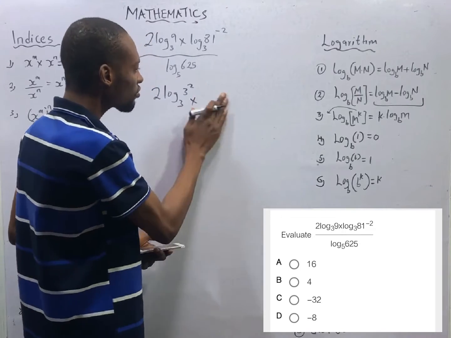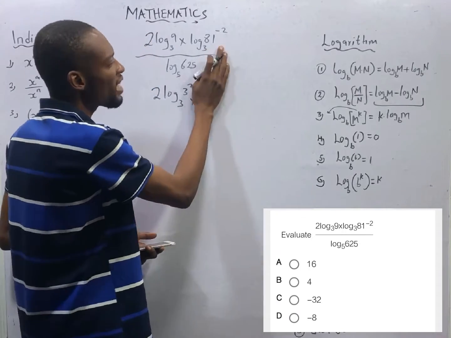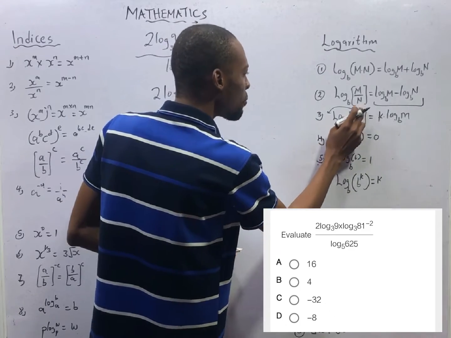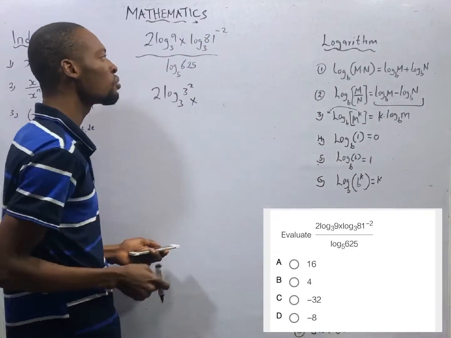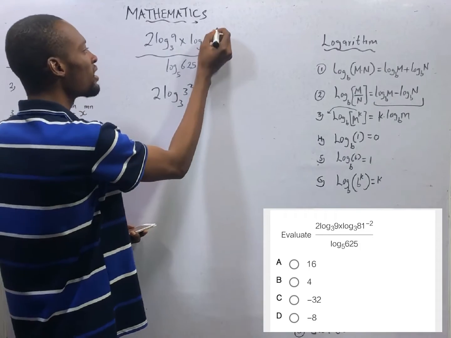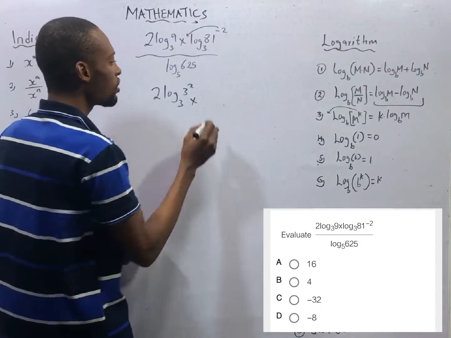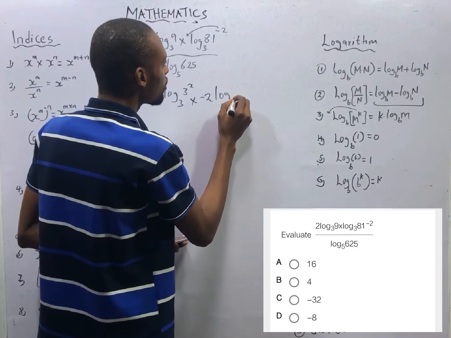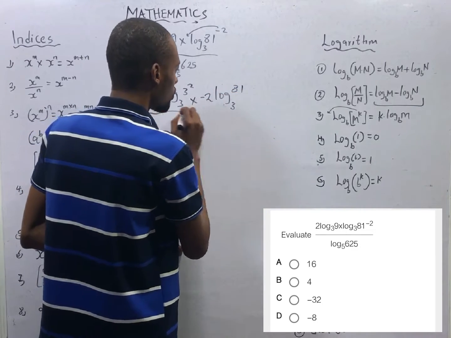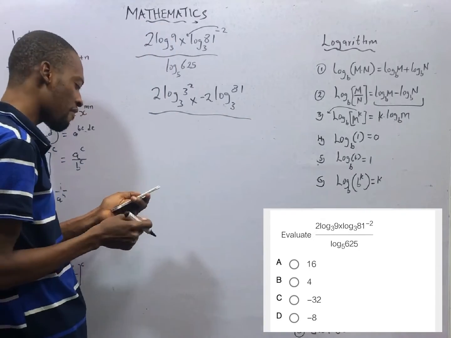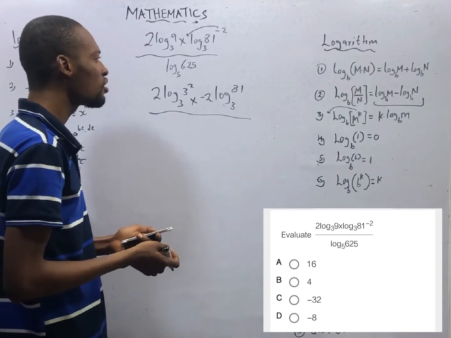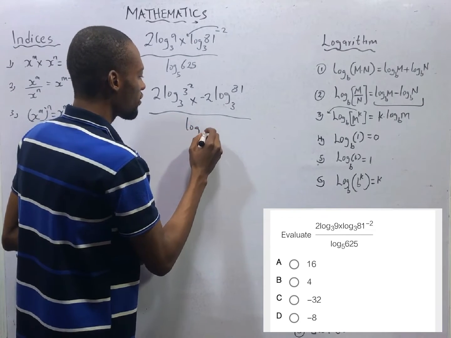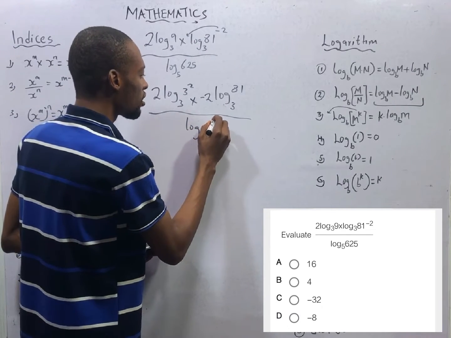Before then, from here, if you have a log of a number raised to a power, we can bring down the power to give you minus 2 log 81 over, since 5 raised to the power of 4 is 625, log 5 raised to the power of 4.